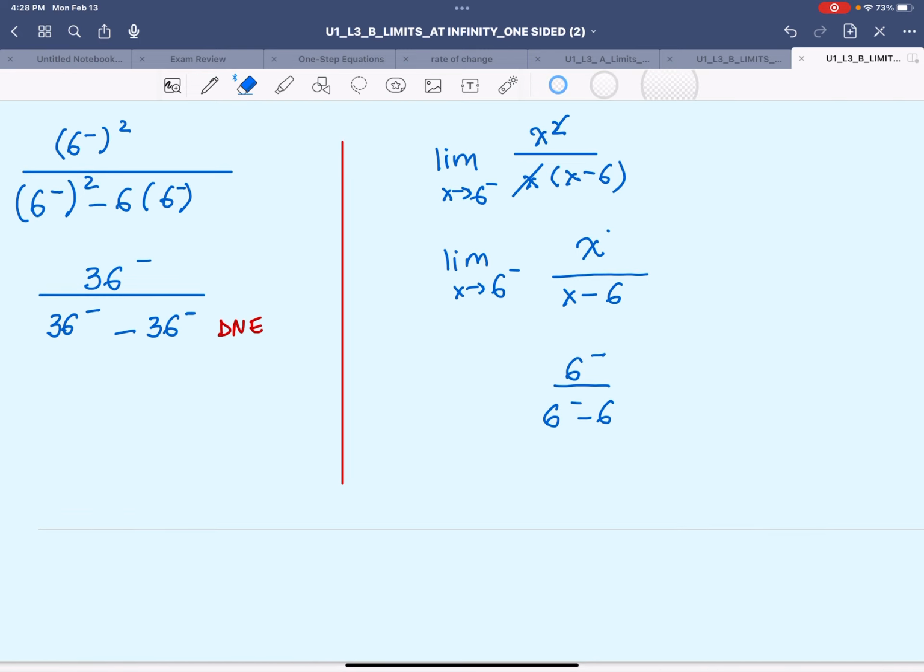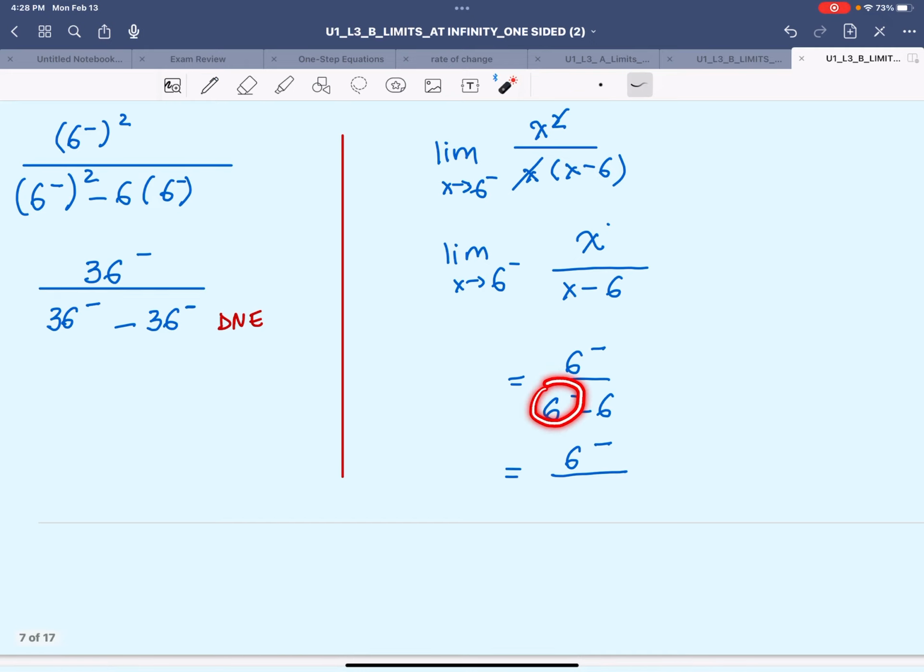We are going to simplify the denominator, so 6 minus. And now 6 minus minus 6, so try to imagine this. That's 5.999 minus positive 6, so that would make a 0 minus.